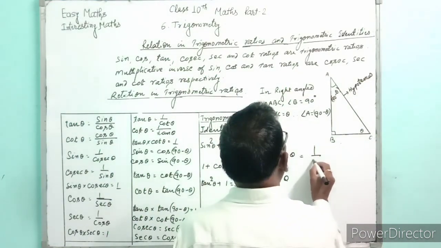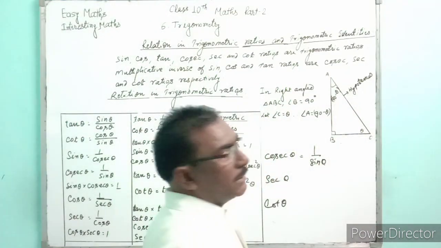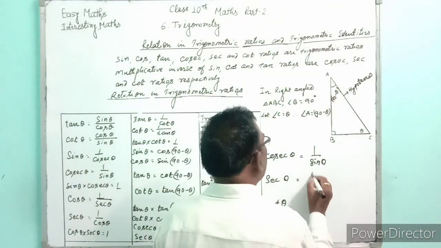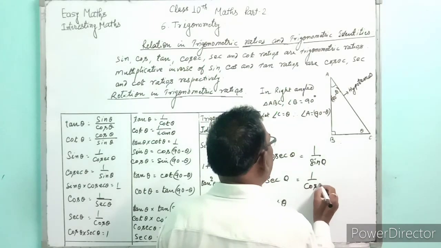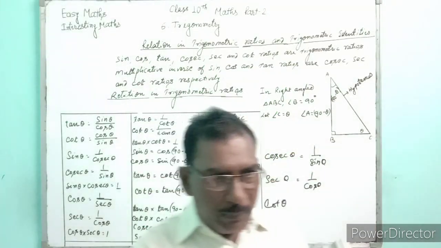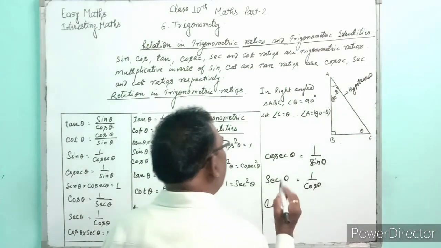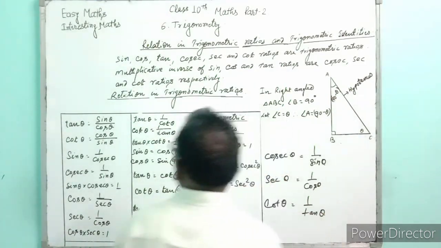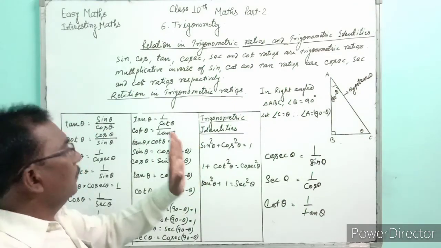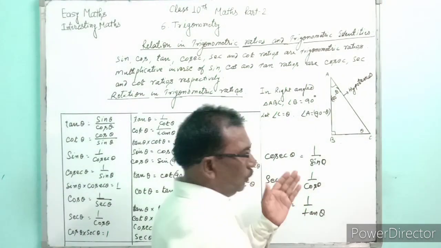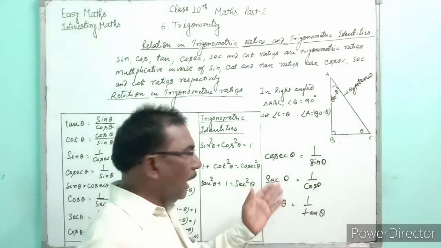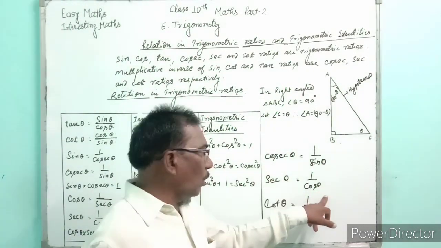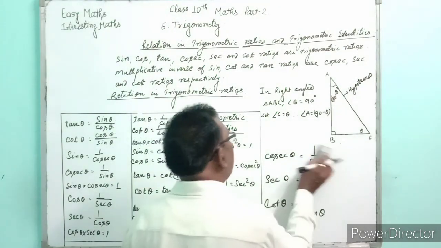Therefore, cosec theta is equal to 1 upon sin theta. Sec theta is the multiplicative inverse of cos theta. Therefore, sec theta is equal to 1 upon cos theta. Cot theta is the multiplicative inverse of tan theta. Therefore, cot theta is equal to 1 upon tan theta. So, cosec theta is equal to 1 upon sin theta, sec theta is equal to 1 upon cos theta and cot theta is equal to 1 upon tan theta.